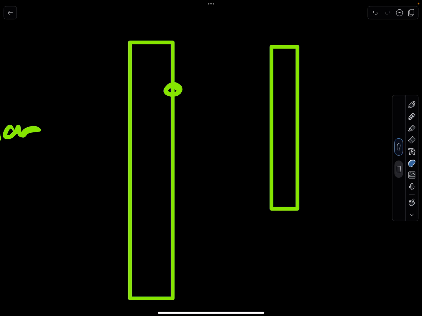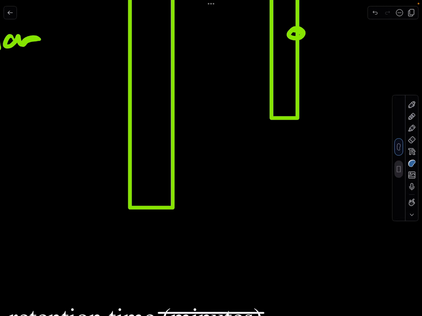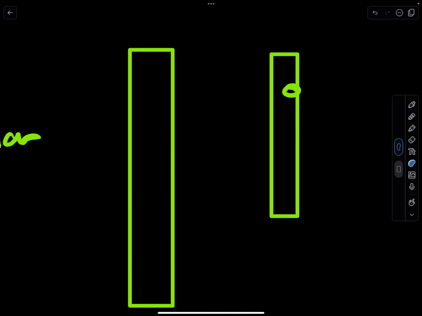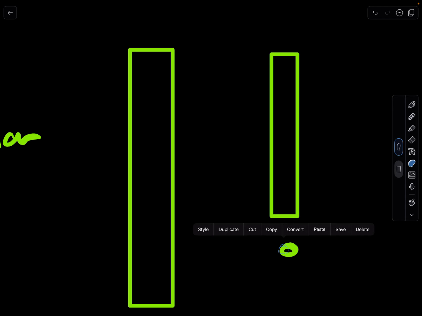Compared to this long column, where it has a very long time to be bonded, here it's taking its time, but because the length is very short, after some time it gets released. And when it's released, its retention time is less.